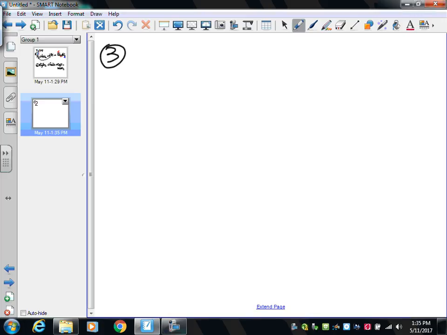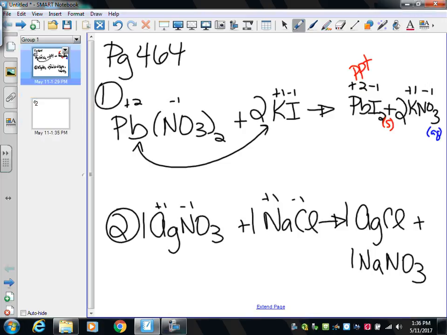So if we're looking at A, in general for these ones we're supposed to write the net ionic equation, right? Net is just telling me the what and what makes the precipitate. So it's already written out part of it, right? If we look back, that's the exact same one that we just did, right?